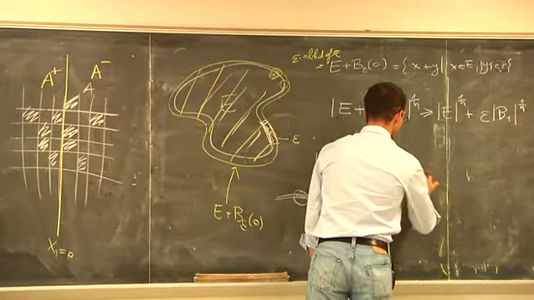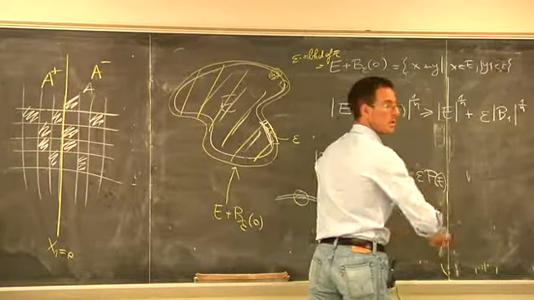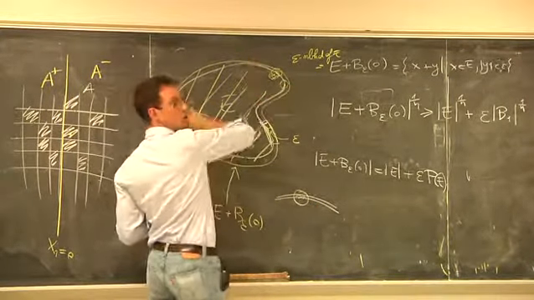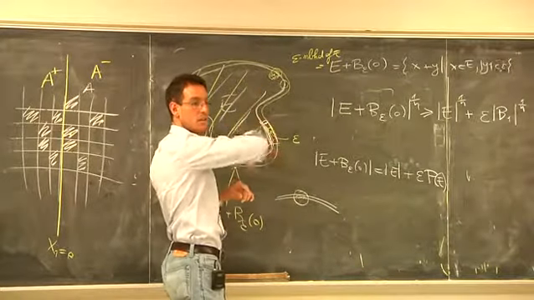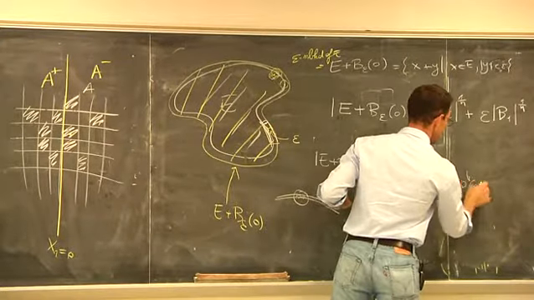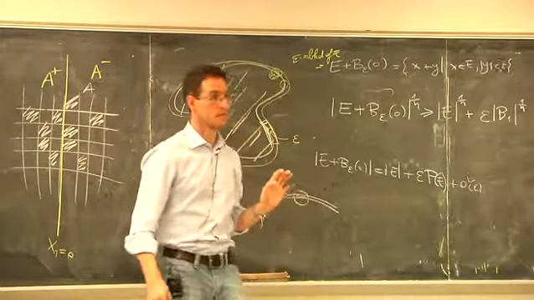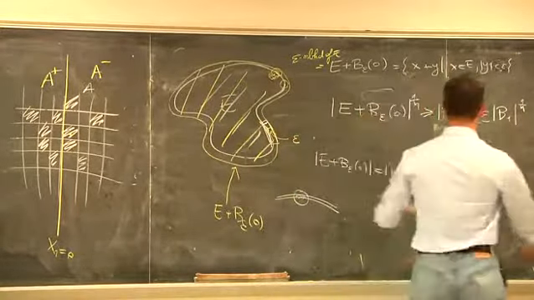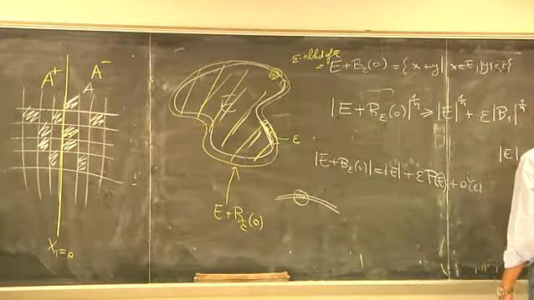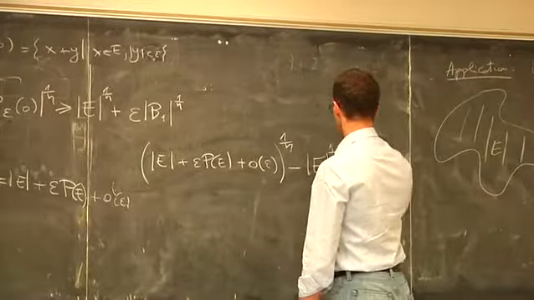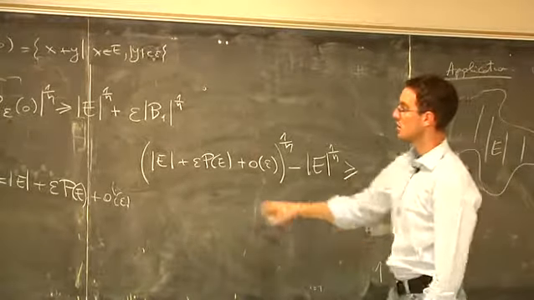So you get epsilon times the perimeter, because it's epsilon times this length, but then you have to sum all around, so you get the total length. So the volume is the volume of E plus epsilon times the perimeter, up to little o of epsilon. This is true for a small set. And now just plug in this formula here. You get the volume of E plus epsilon times the perimeter of E, plus little o of epsilon, to the 1 over n, minus the volume of E to the 1 over n, is greater or equal than this.